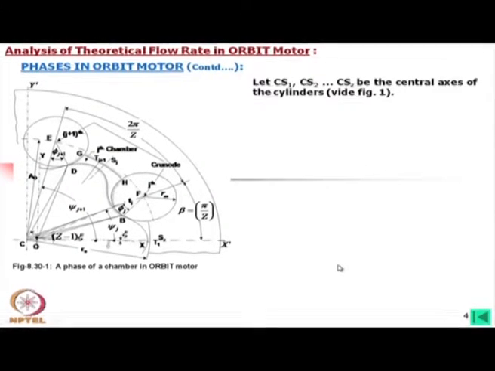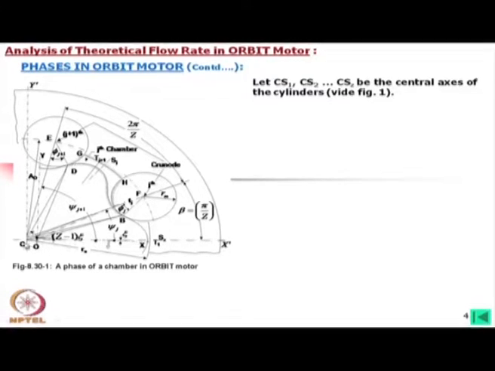Now, we have taken some axes on the star and ring. What are those? We have taken CS1, CS2, up to CSZ as the central axes of the cylinders. This means that on the envelope, we are calling the envelope as acting as a cylinder.